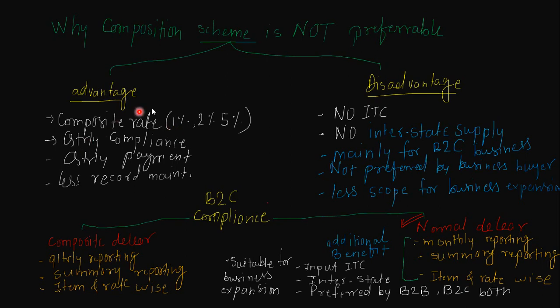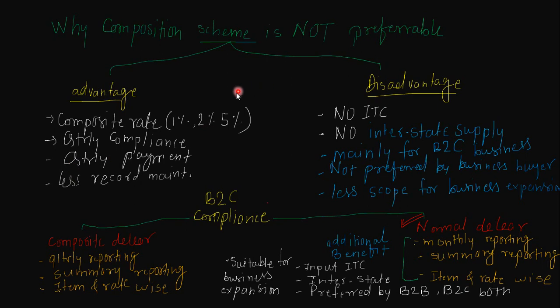You just pay 1% for trading, 2% for manufacturing and 5% for restaurants, and you don't have to pay anything above that, and you don't have to pay monthly.